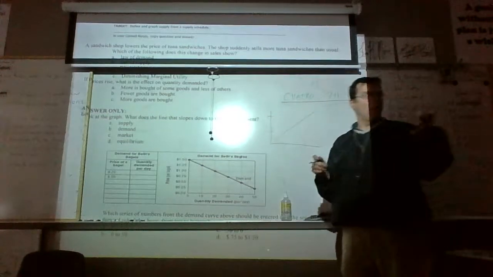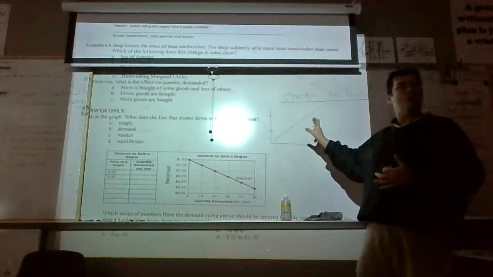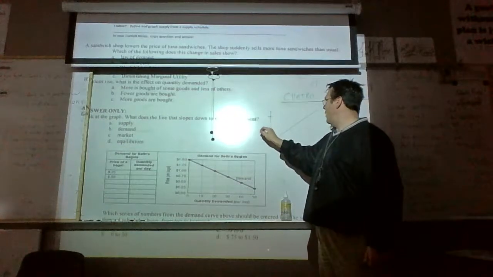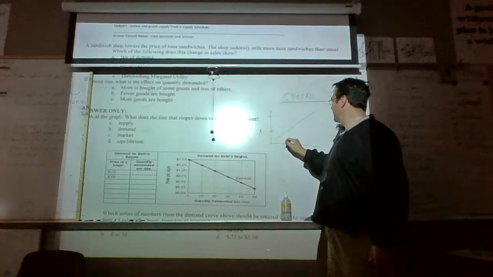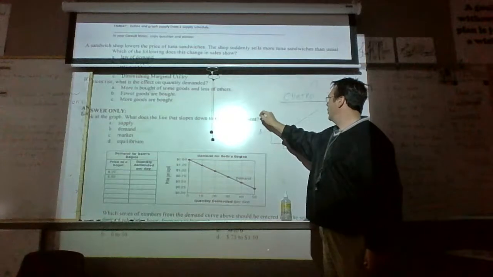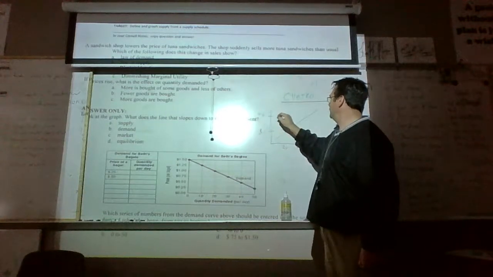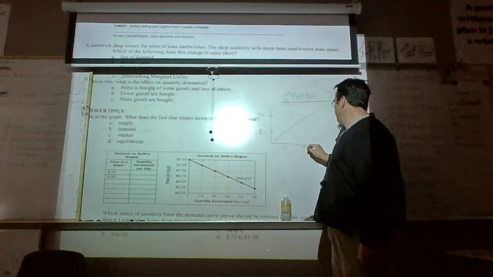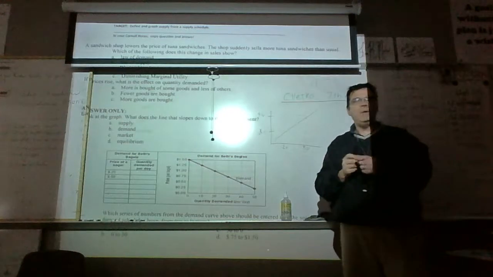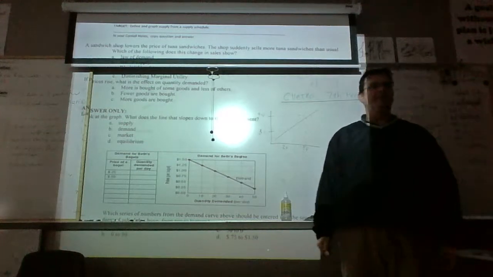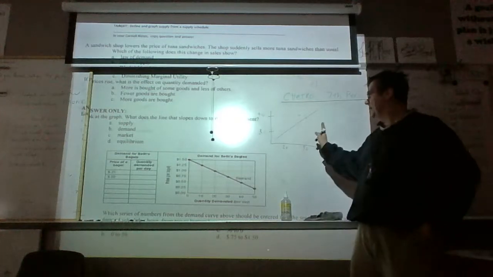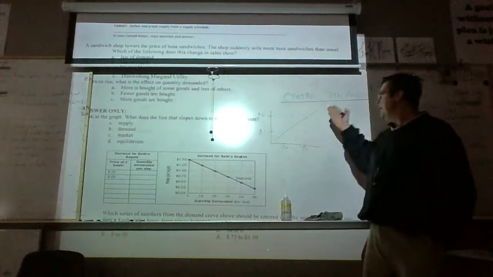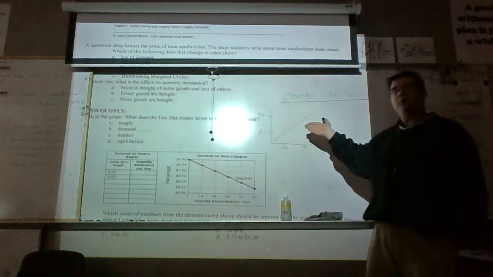Exactly. If you draw a demand curve like this, you're telling me at $1, 20 people will buy it. Raise the price to $10, and 50 people will buy it. Well, that's crazy. Nobody will do that. Except maybe DJ. But nobody else would do that, right? That violates the law of demand.